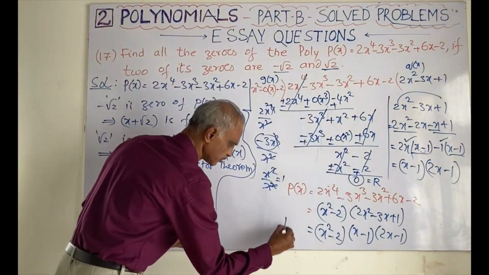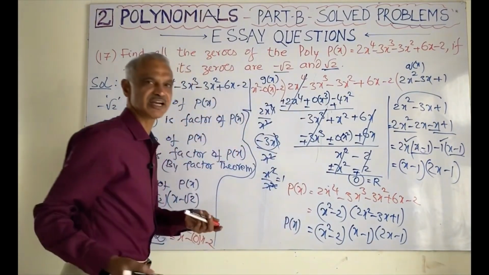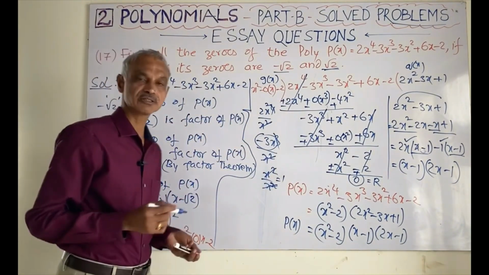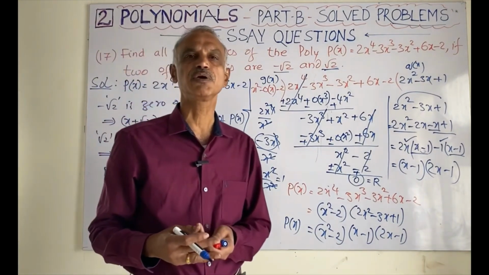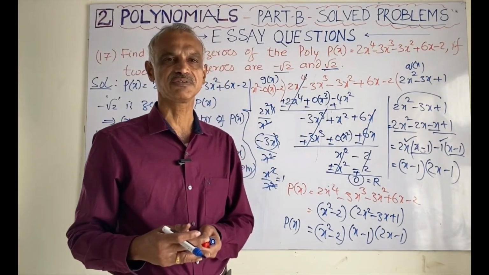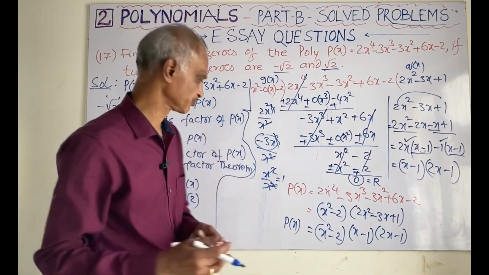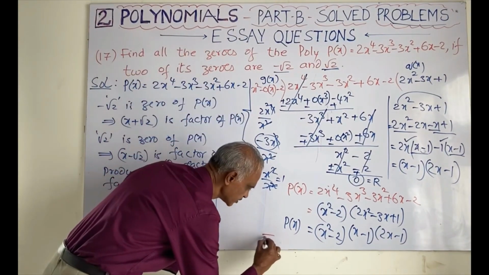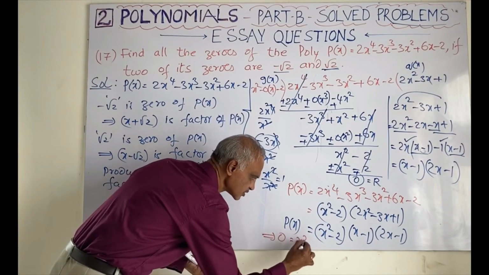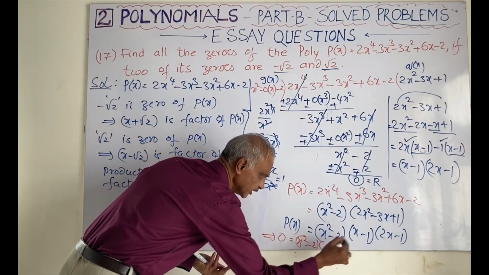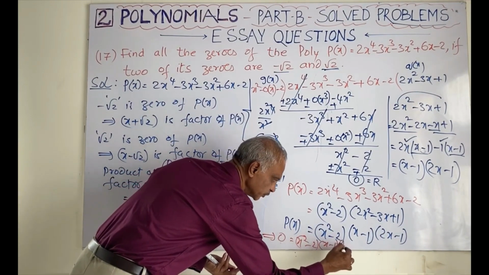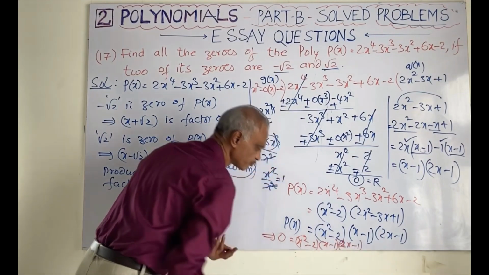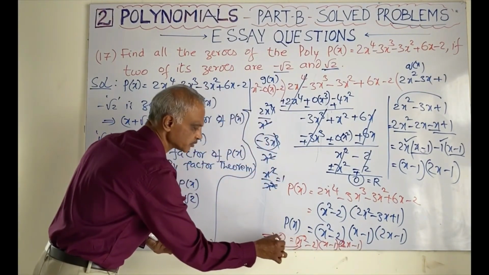Now this is p of x. Now I have to find the zeros. What is zero of a polynomial? The value of x for which p of x is equal to 0. See, equated to 0 implies 0 is equal to x square minus 2 into x minus 1 into 2x minus 1. X square minus 2 is equal to 0.